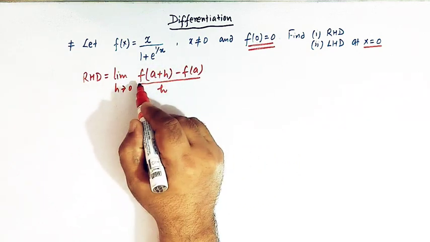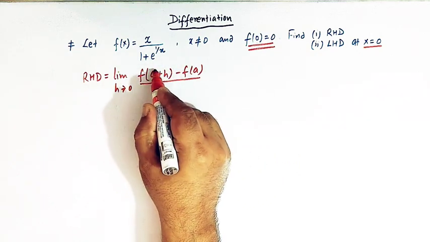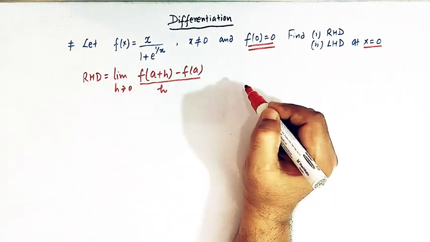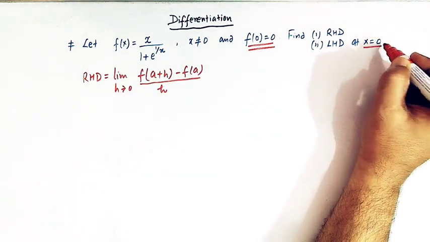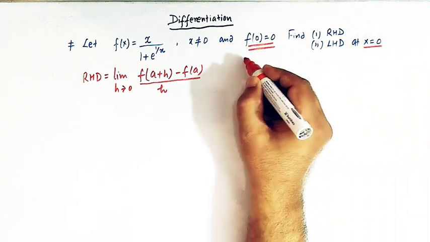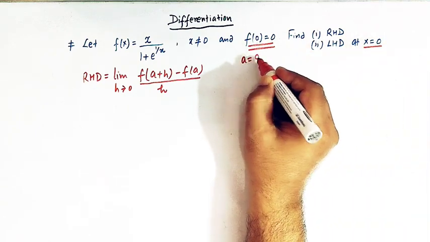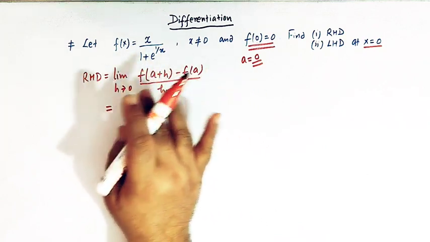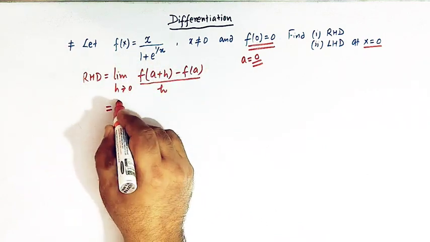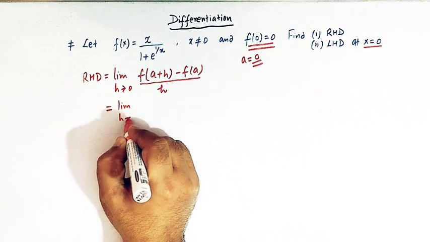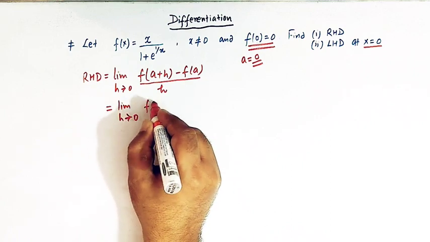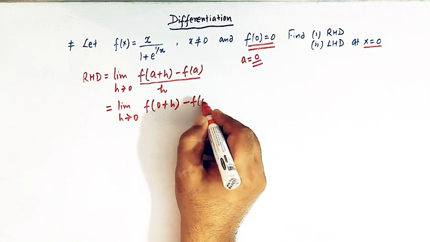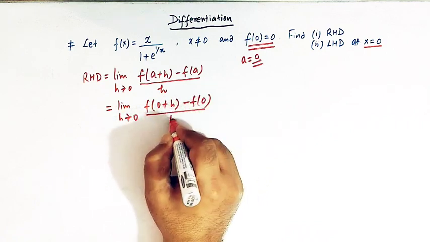So here we have f of a plus h, where a is the point where the derivative is required. Here the derivative is required at x equal to 0, so a is equal to 0. We can now write this right hand derivative as the limit h tends to 0 of f of 0 plus h minus f of 0 divided by h.